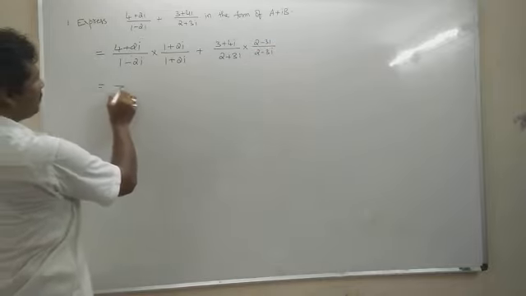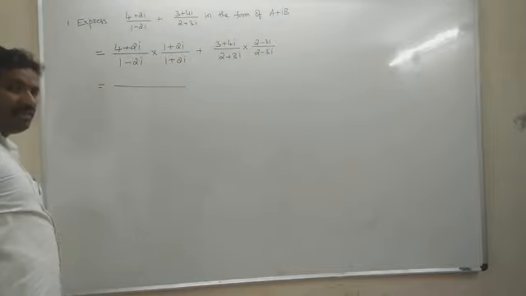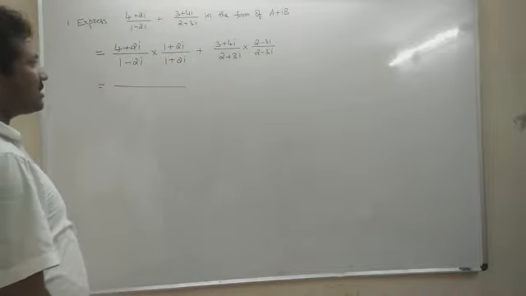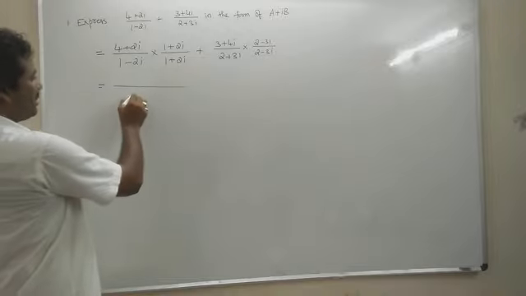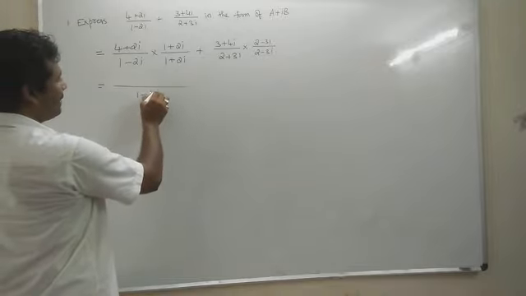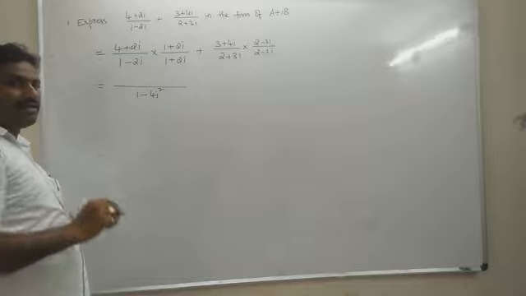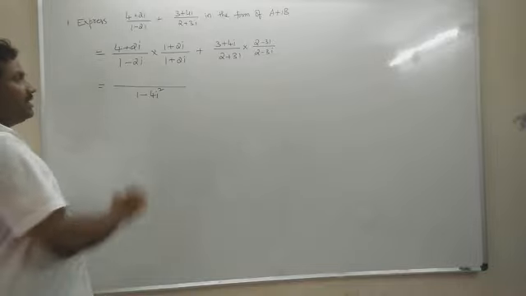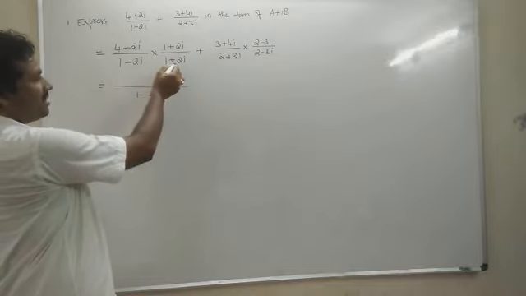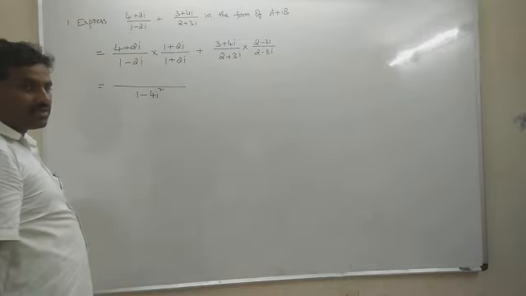So that equal to, what is the denominator? (a-b)(a+b) is a square minus b square, 1-4i square, or you can do directly a square plus b square. (a-ib)(a+ib) is a square plus b square.